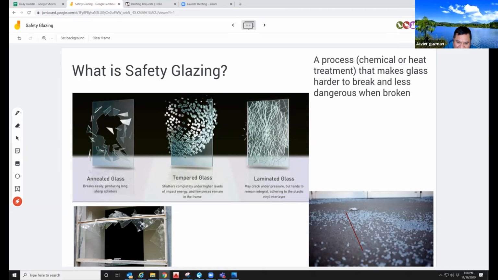In a lot of our descriptions, it'll say, here mine says a 1/4 inch clear heat strengthened with VU 50 on number 2. So what does the with VU 50 on number 2 mean? Is that a film?